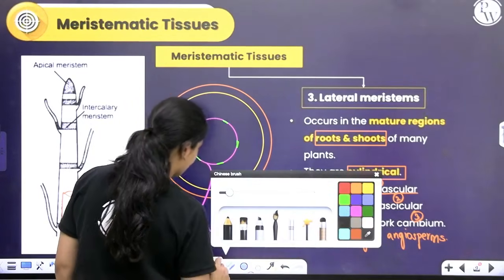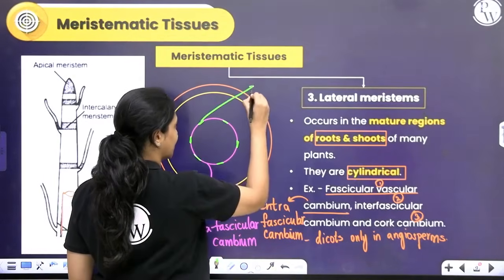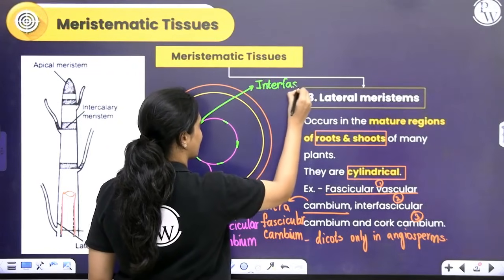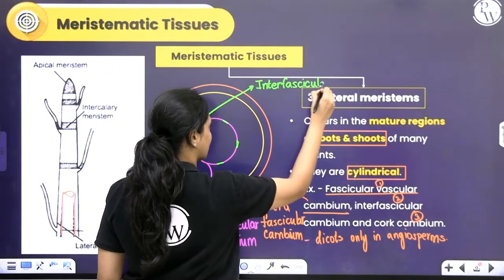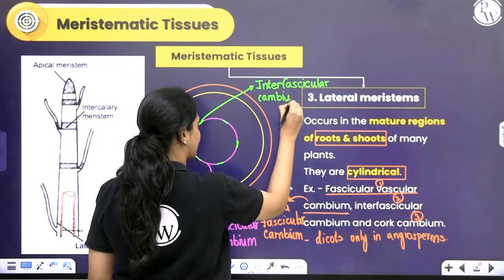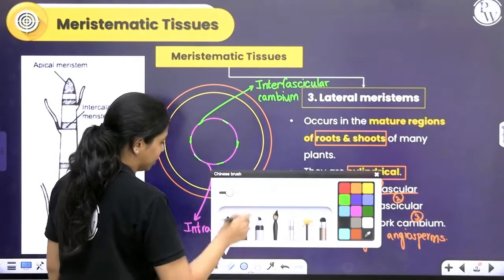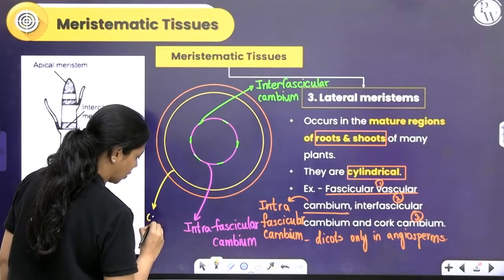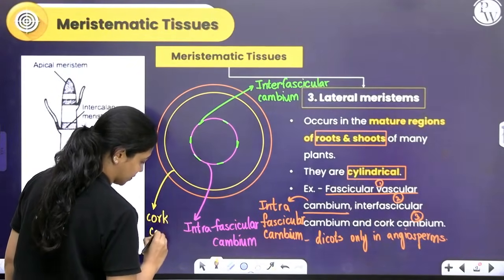Within the same ring, in certain regions, you find interfascicular cambium. Okay, and towards the outside, you will find cork cambium.